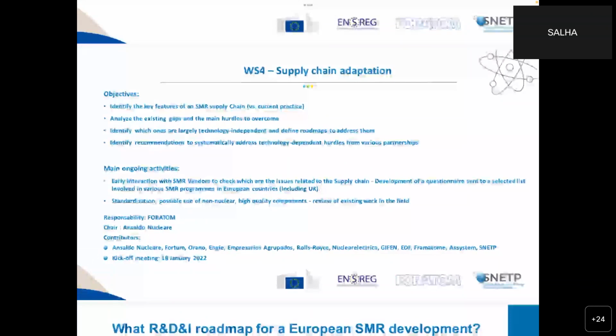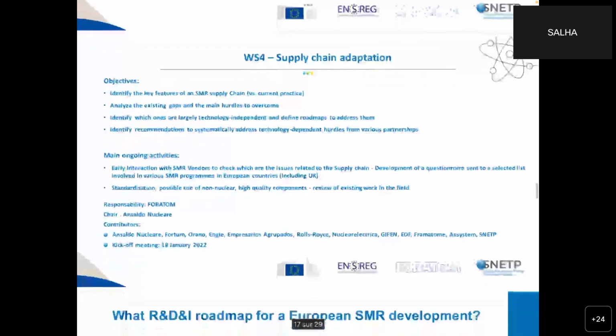So in that case, again, the responsibility is taken by Euratom, with a share coming from Ansaldo Nucleare, and with several contributors, as you see, and the kickoff has already begun. So the work is underway since early January 2022.